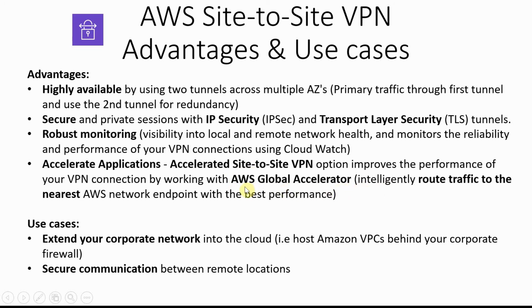Global Accelerator is intelligent networking defined by AWS, which will intelligently identify the nearest AWS network endpoint, and that way you get better performance. That is what Global Accelerator is.